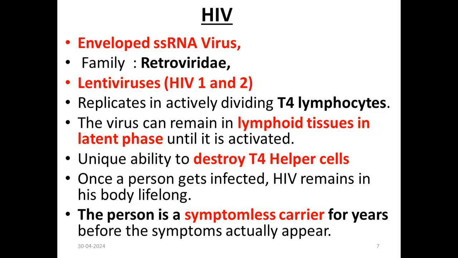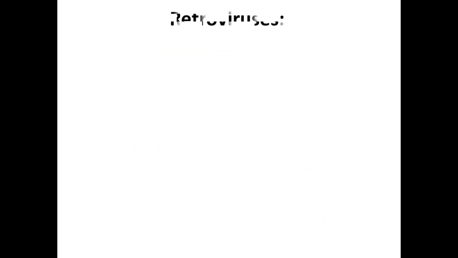You should know what a latent phase of a virus is; I've already explained that. In HIV, the characteristic is that a person gets infected and usually remains symptomless, or a carrier, for years before the symptoms actually appear.